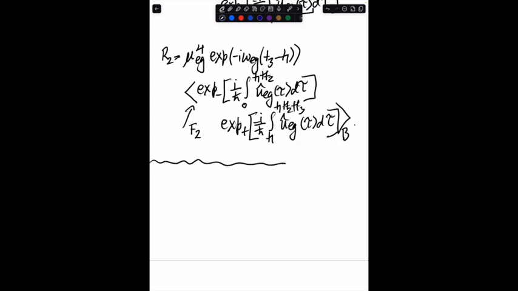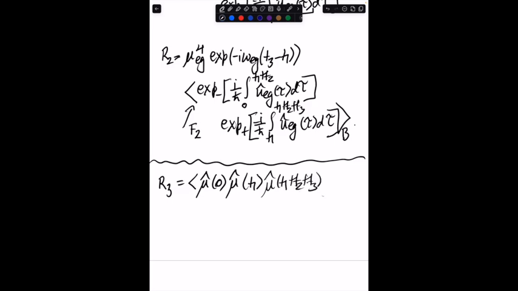Now, likewise, let's quickly derive R3, which in its 4-point dipole correlation function looks like this: mu(0), mu(t1), mu(t1 plus t2 plus t3) and mu(t1 plus t2), equilibrium. I'm just going to write the expression down this time without explaining much. So you take a trace over the path states, trace over the system states.